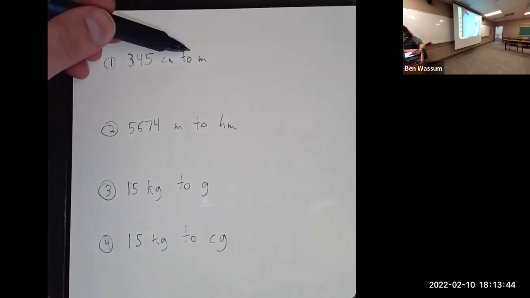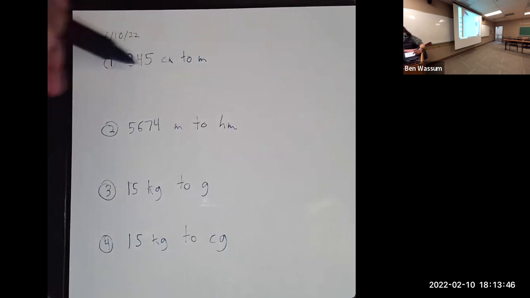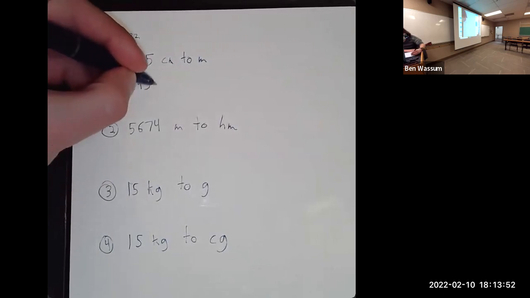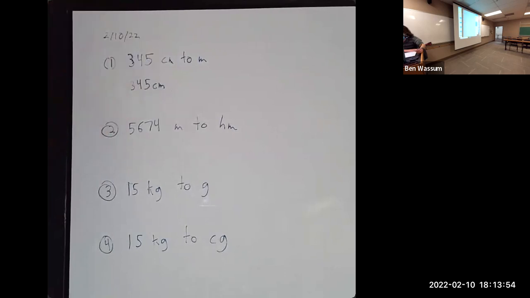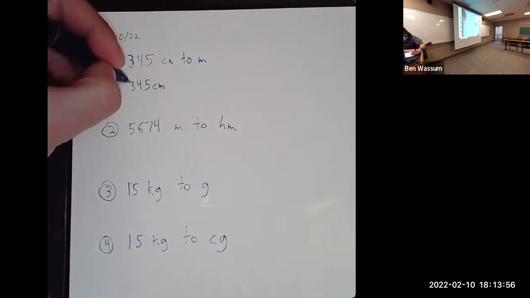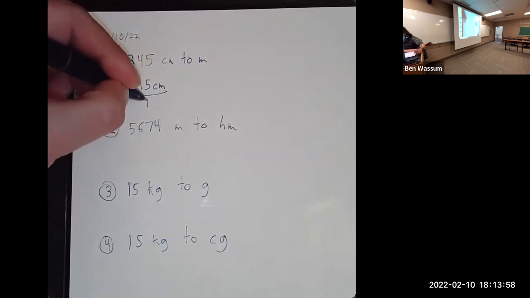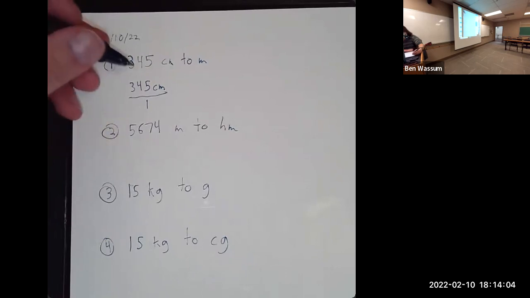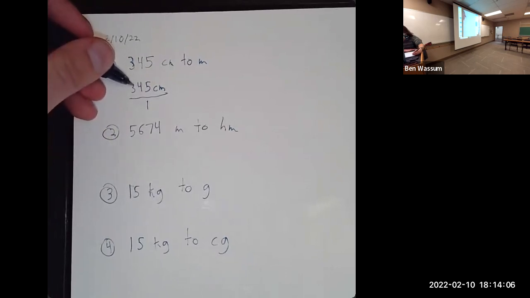The first one is 345 centimeters that we're trying to convert to meters. So all of these, every single one of them, you always start off with saying what you have right now. And for the purposes of our first problem here, I'm going to go ahead and put this over 1, just so you remember that when it comes to multiplying this by a fraction, this guy is going to end up multiplying into the top.